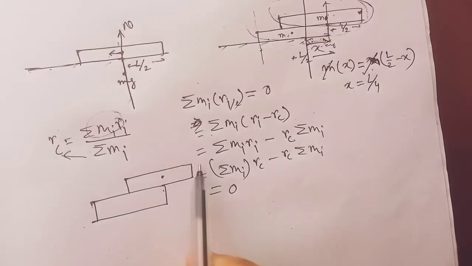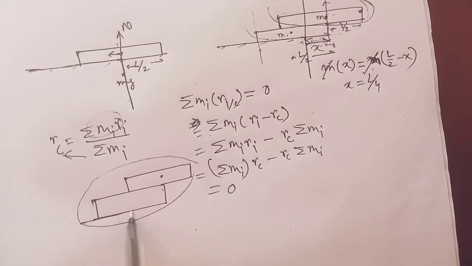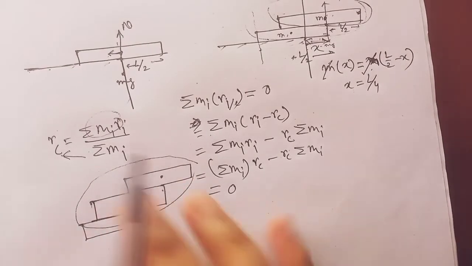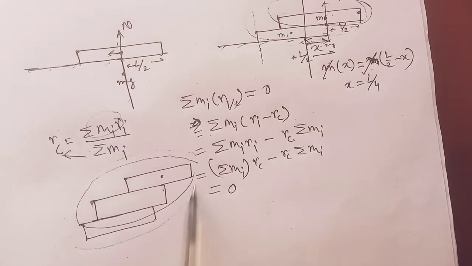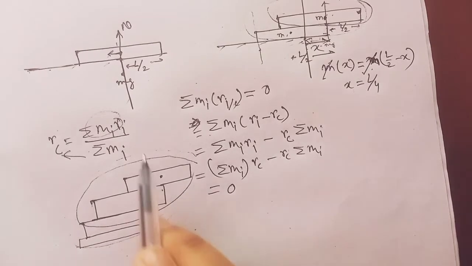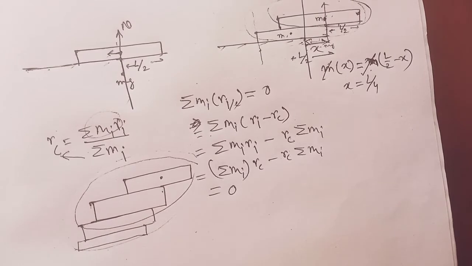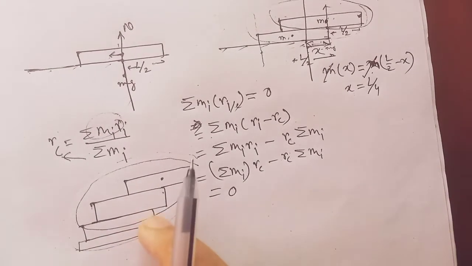Then we will take this whole system and place it over a third block, and we have to place it in such a way that this whole system remains in equilibrium. And then we will take this whole system and place it over another block so that this entire system remains in equilibrium. As you can realize, we are proceeding from top to bottom, not from bottom to top.